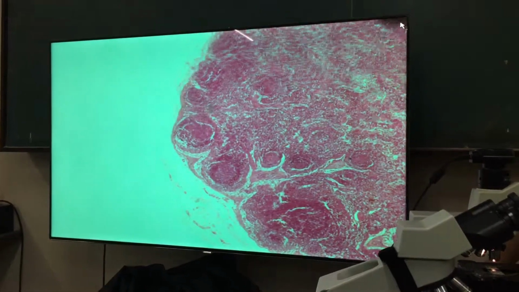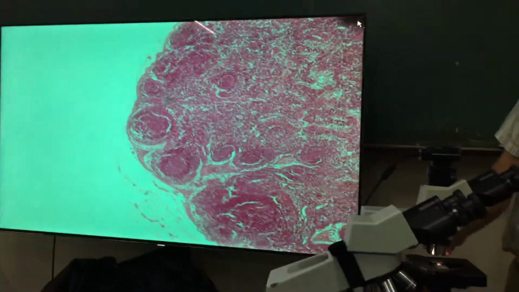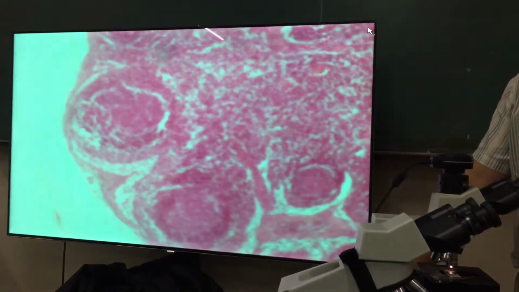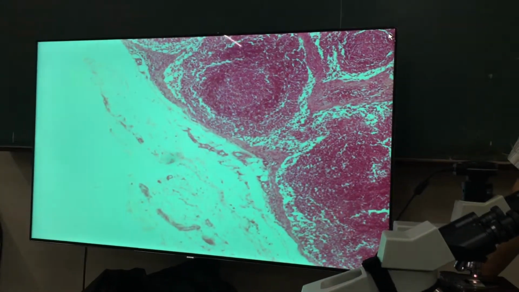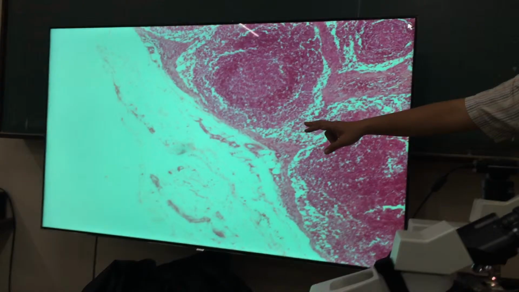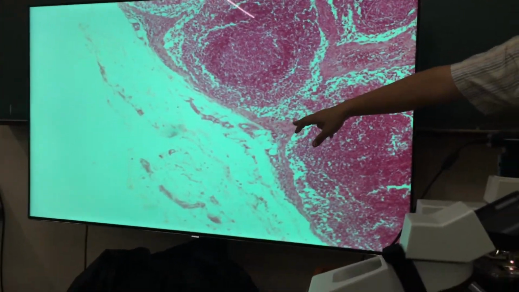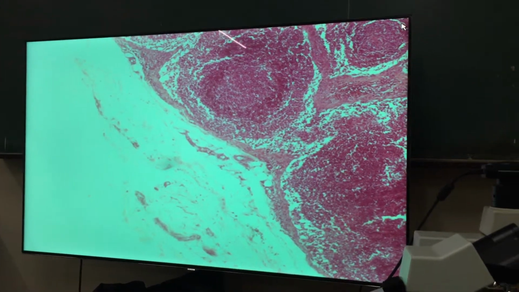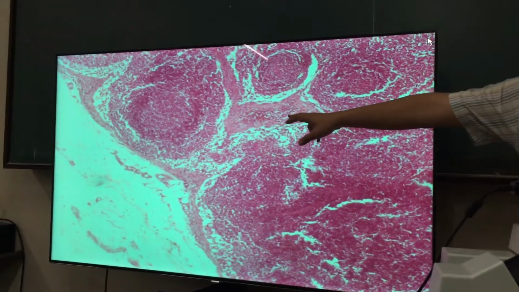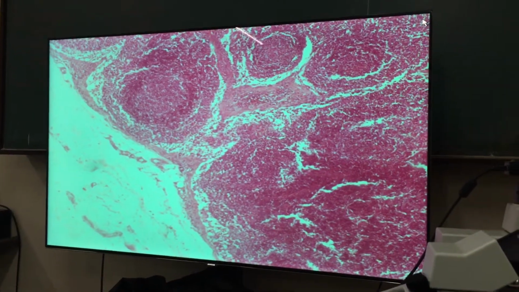The lymph node would be surrounded by the capsule, and there would be continuation of the connective tissue from the capsule towards the cortex and the medulla, and these are the trabeculae.